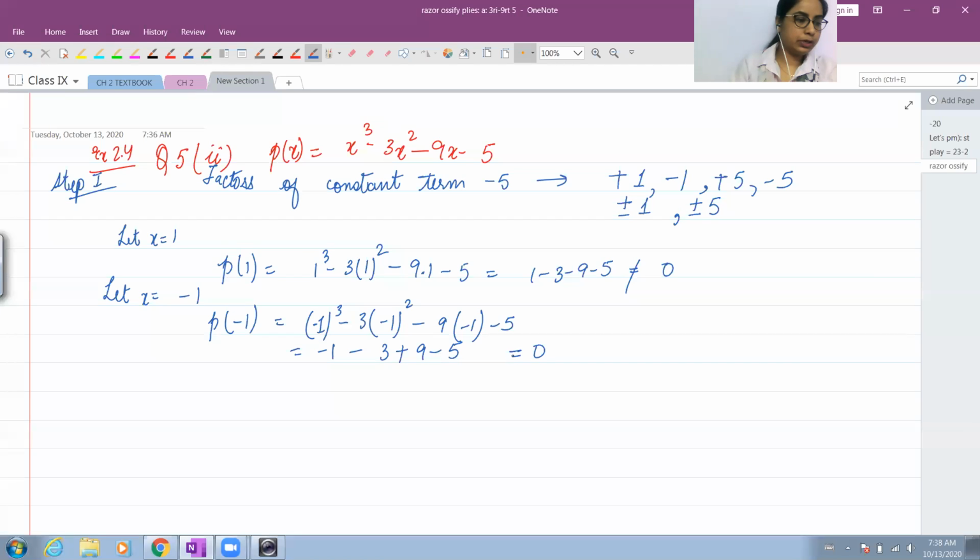This makes it equal to 0. Check. Yes, ma'am. So this means the value that we have used is a zero of p(x).